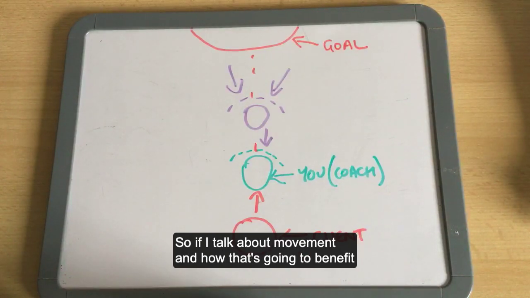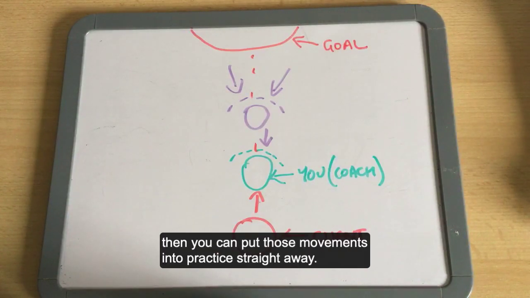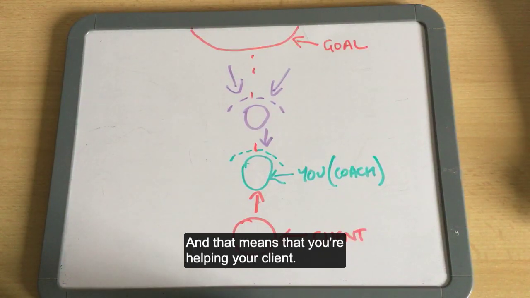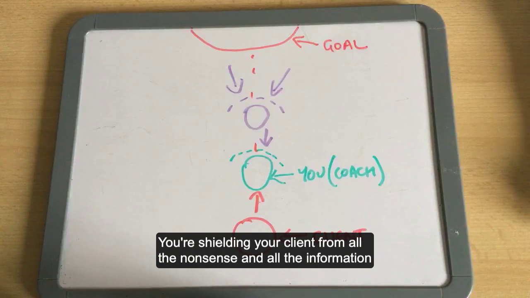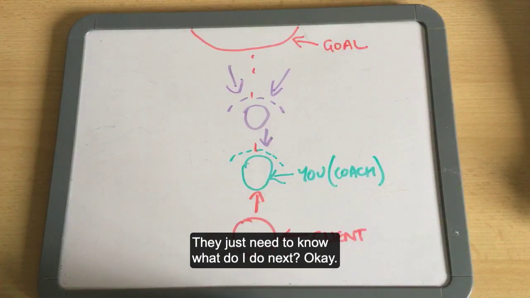So if I talk about movement and how that's going to benefit your client in terms of performance, then you can put those movements into practice straight away, and that means that you're shielding your client from all the nonsense and all the information that's out there that they don't really need to know. They just need to know, what do I do next? Okay?